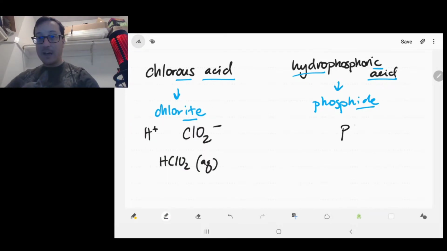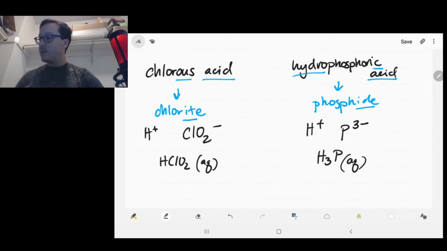Well, remember, an ide ending typically means a monoatomic ion. There are a few polyatomics that are ides, but something like this would be the phosphide ion. So phosphorus with its preferred charge, which would be -3. We know we have to put this with H plus because it's an acid. So if we combine these, we can crisscross. We get H3P, aq. Probably not a really good acid, but there it is anyway.